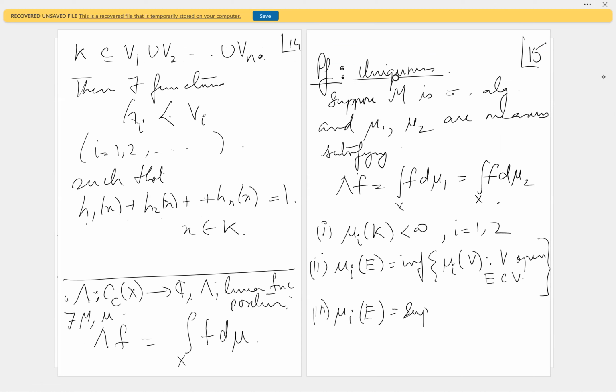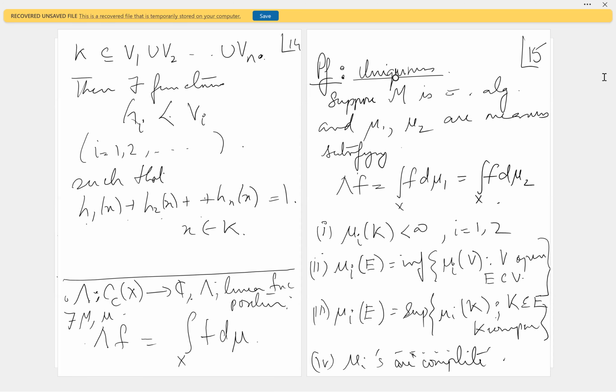The sup over compact sets K contained in E, and for open sets the inf, and finally complete: the mu i's are complete, in the way we had defined completeness.